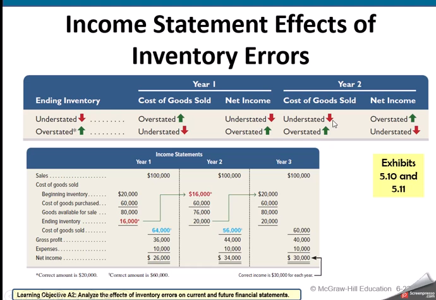So then in the next year, you'll come in with an overstated or understated ending. That'll become your beginning inventory. And then assuming you would take a good count at the end of year 2, then it's going to end up washing out, and over those 2 years, your cost of goods sold would be accurate and your inventory would be accurate, but those individual years are going to be off.